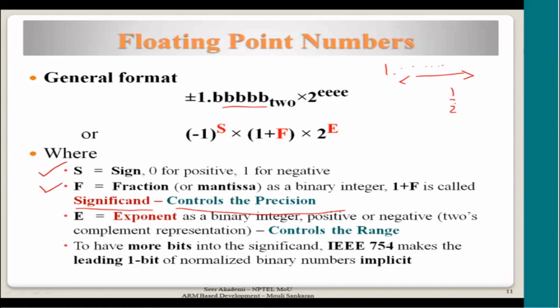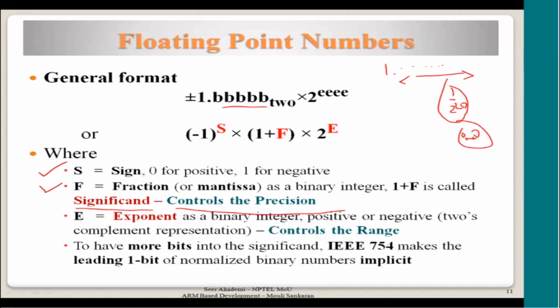Suppose I give you 20 bits, you can represent 2 power 20. 1 by 2 power 20 is a much smaller number, so you can even represent maybe the weight of an atom, or a smaller number, maybe the distance between an electron and an orbit, between the nucleus and an electron orbit in an atom.